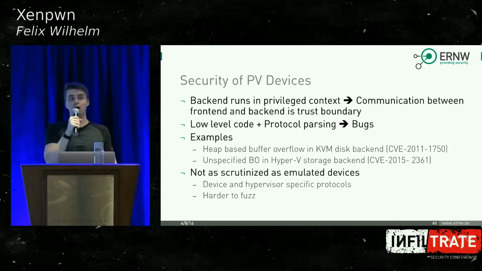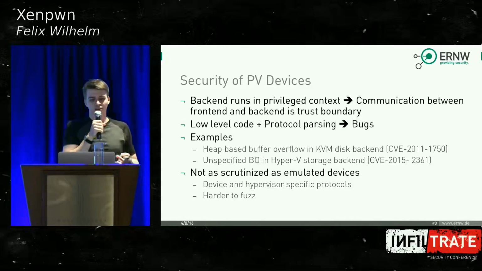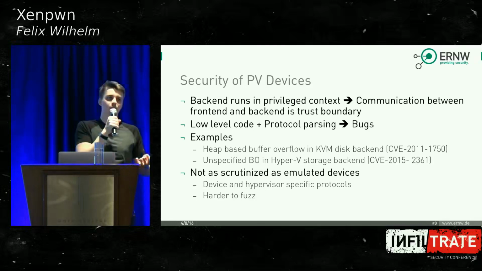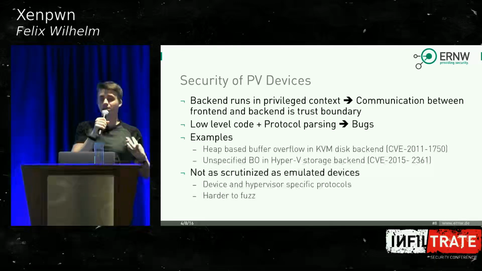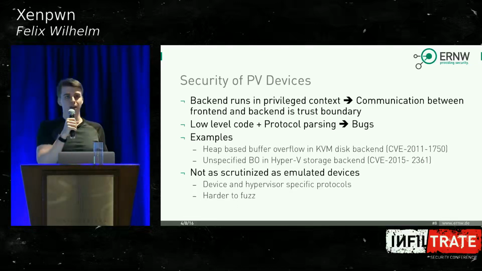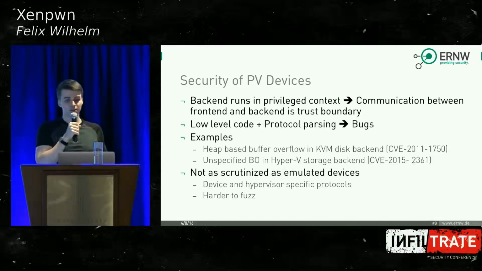And you have protocol parsing. This is something I think a lot of people don't recognize. This whole protocol stack has more or less the same attack surface as a network protocol. So everything that's parsed in the backend is exactly as critical as a network daemon running on a privileged system.